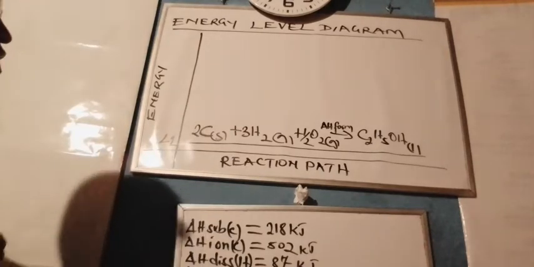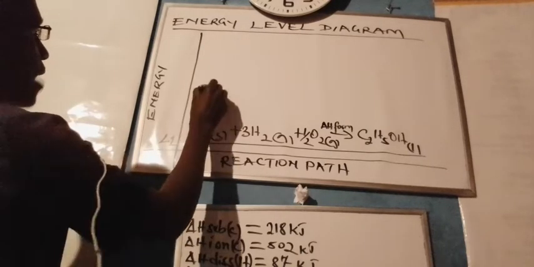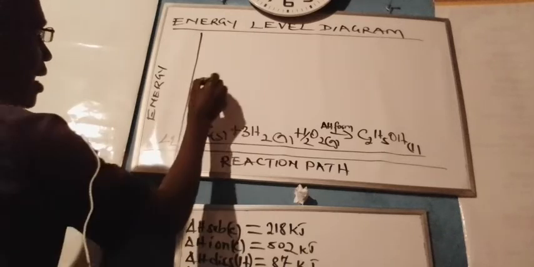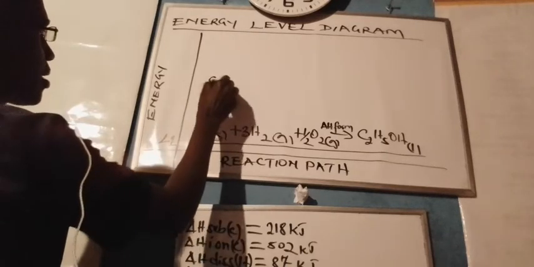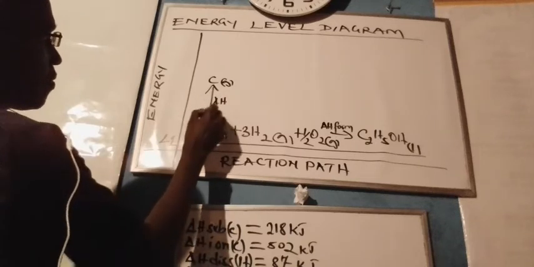Now, once we have represented the principal equation, which is the enthalpy of formation, we proceed to the next level. And the next level is ensuring that all reactants are ionized. Now, before they ionize, if it's a solid, it has to first change into a gas. So in this case, carbon will sublime and give us heat change of sublimation.